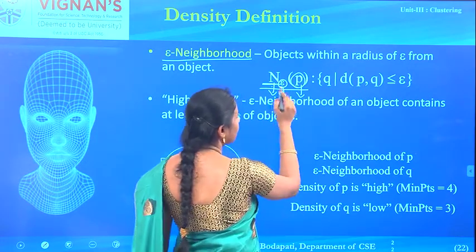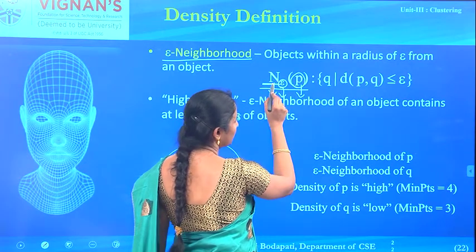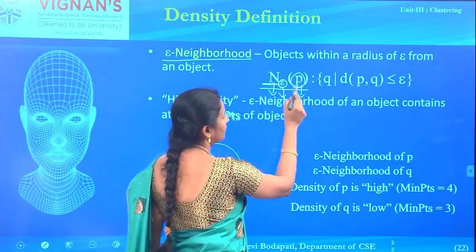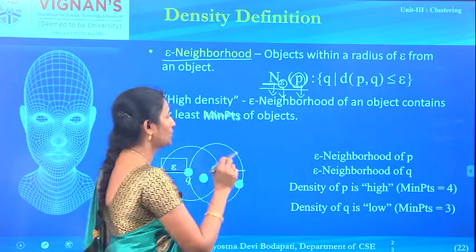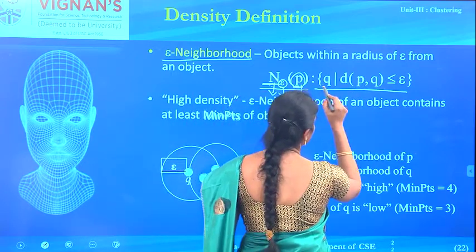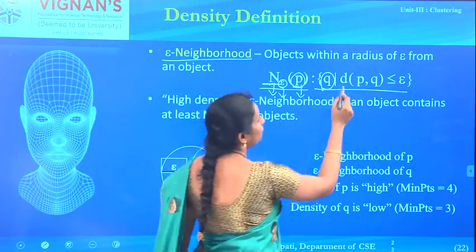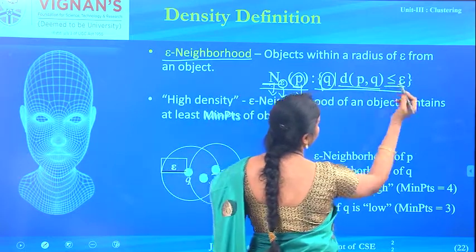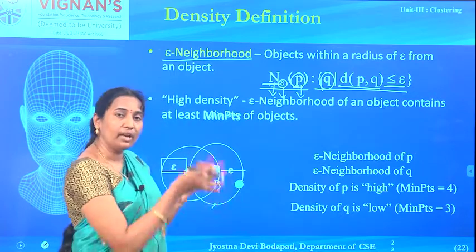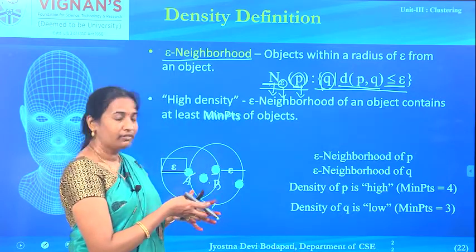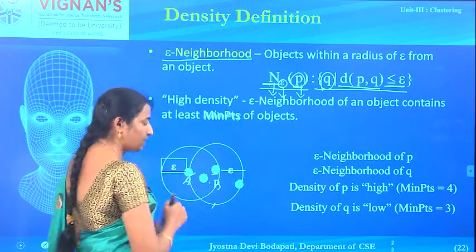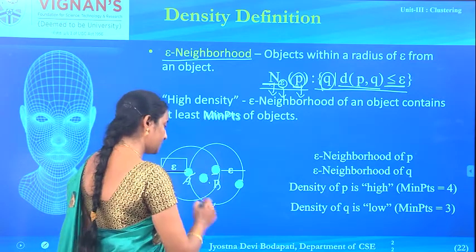What is the set of nearest neighborhoods for the given element p? That is the set of all the elements in the given data set whose distance is less than or equal to this epsilon, that is, which are falling within this radius of epsilon from this object P. They all form the nearest neighborhood.